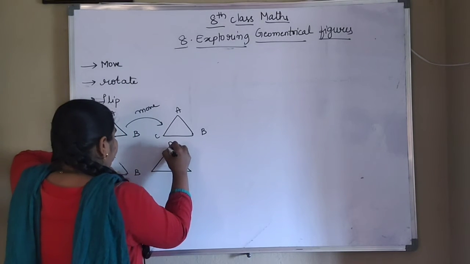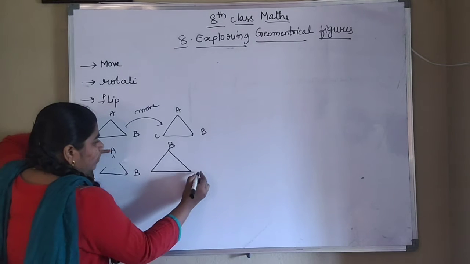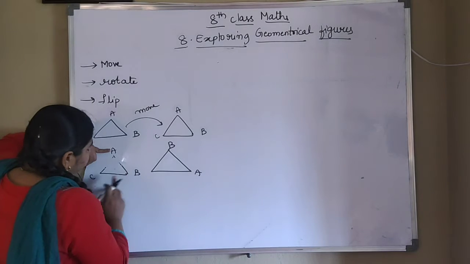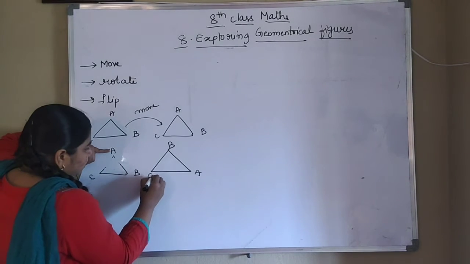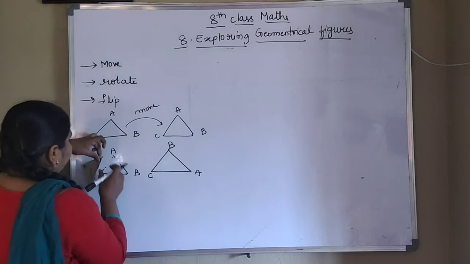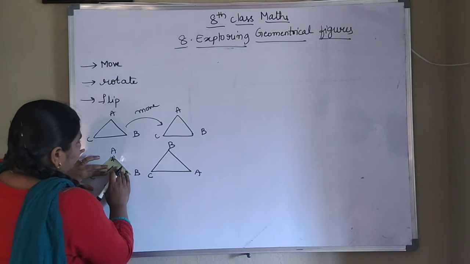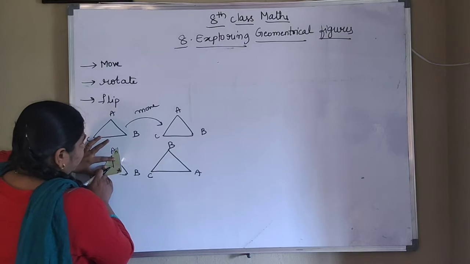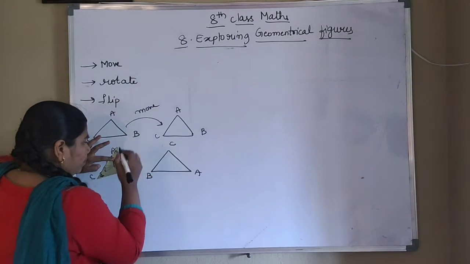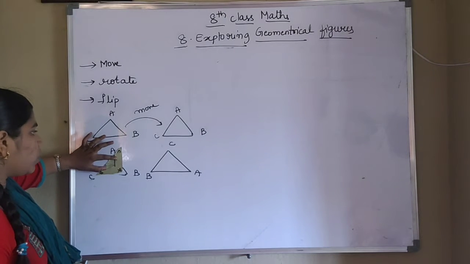A came here, and this is C and this is B. From here it has rotated to like this. So this is called rotation.